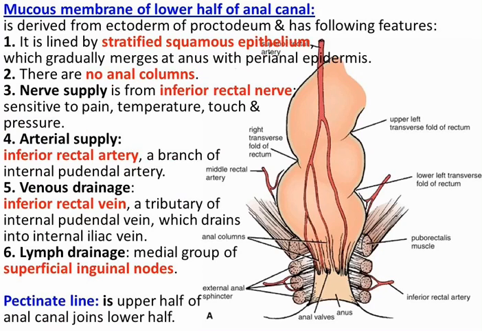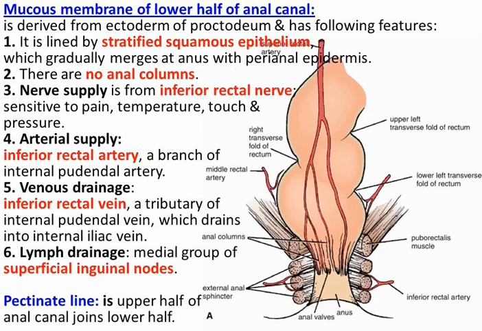Structure of anal canal. The mucous membrane of the lower half of the anal canal is derived from ectoderm of the proctodeum and has the following features. 1. It is lined by stratified squamous epithelium, which gradually merges at the anus with perianal epidermis. 2. There are no anal columns. 3. Nerve supply is from the inferior rectal nerve, sensitive to pain, temperature, touch and pressure. 4.